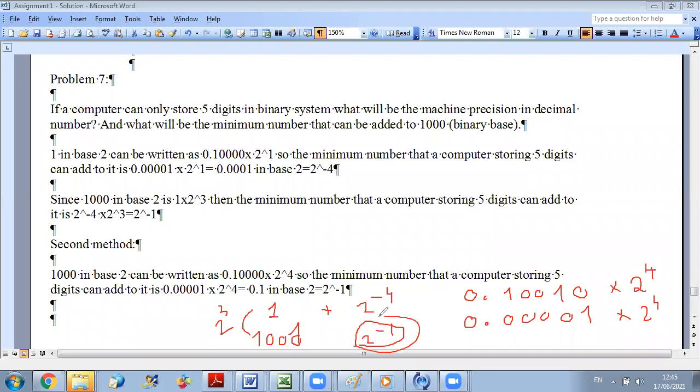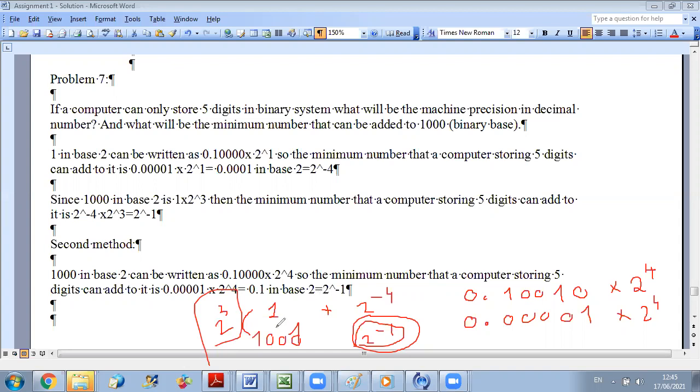So this is the minimum number not only to add to 1000 but also to 1001, or maybe to other numbers depending on the case. So the idea is that the difference of order is of the order of 2 to the power 3.